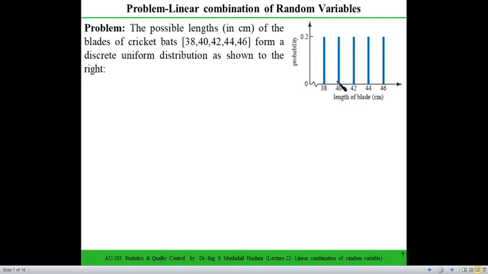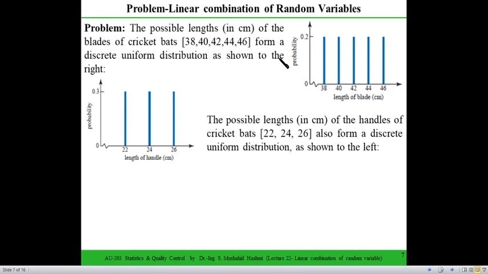Equal probability for a length of 40 centimeters is also 0.2, and 42, 44, 46. So 5 different types of blade lengths are available, and let's say the length is uniformly distributed.